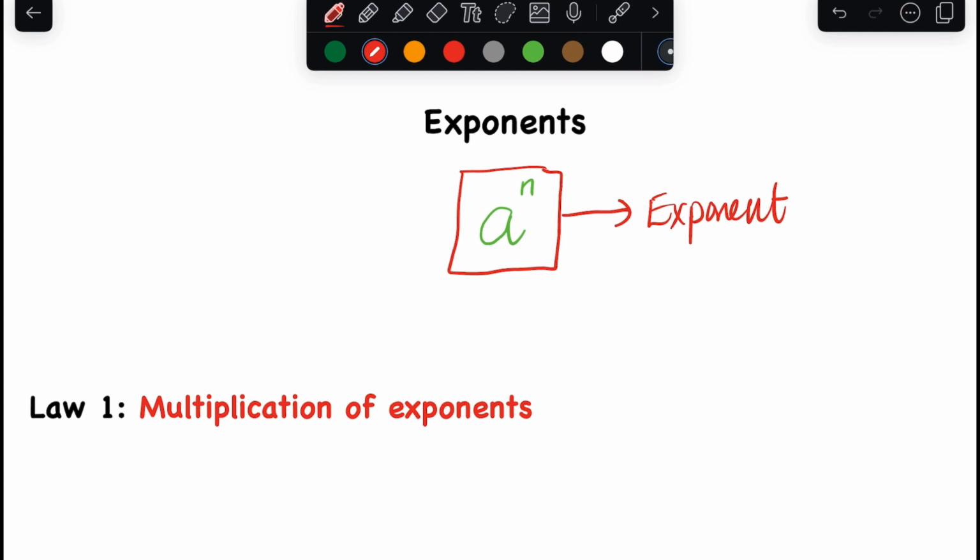It's in exponential form. And we call the number that is on top the power, or the degree. And we call this number here the base.